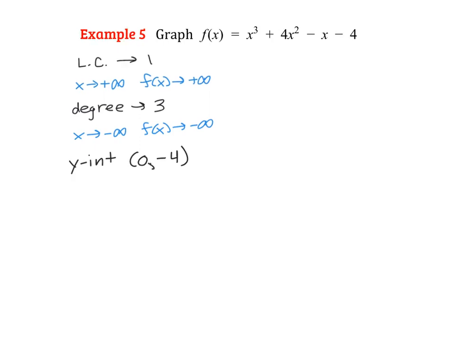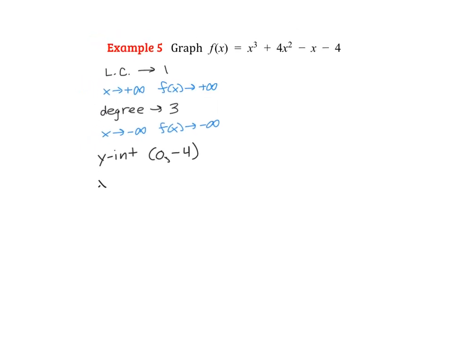And then for the x-intercepts, I'm going to need to factor. So I'm going to try factor by grouping. If you group these first two terms, I have a GCF of x squared, leaving me with x plus 4. If I group these second two terms, I can factor out -1, leaving me with x plus 4.